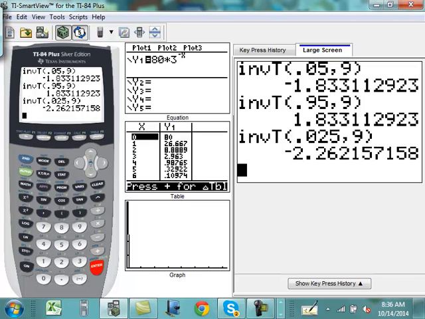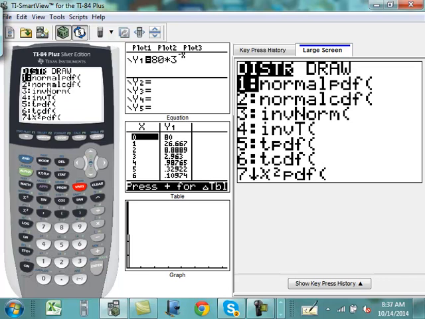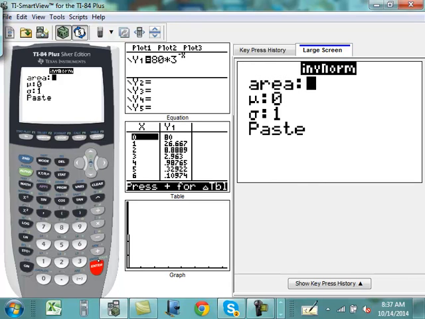And same thing with the normal. If you don't want to look up the Z table to get your critical value for the Z distribution, you can use inverse norm, which is option 3, to get your critical values for the normal distribution. You're going to recognize this one.